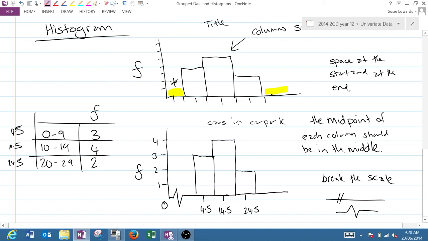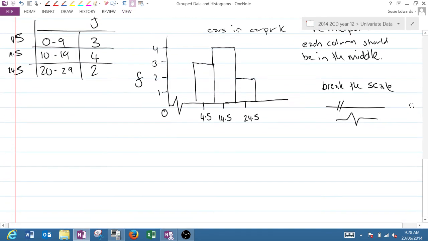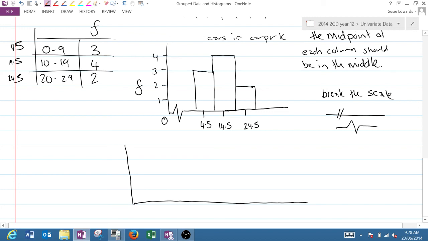It's a little bit harder if you need to draw on a scale. So I'll show you that for the same information. If I drew this with a scale down the bottom, and I need to have a pretty big scale, I'm still going to break it.